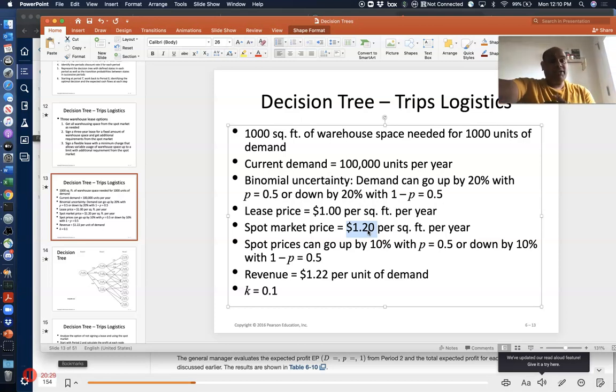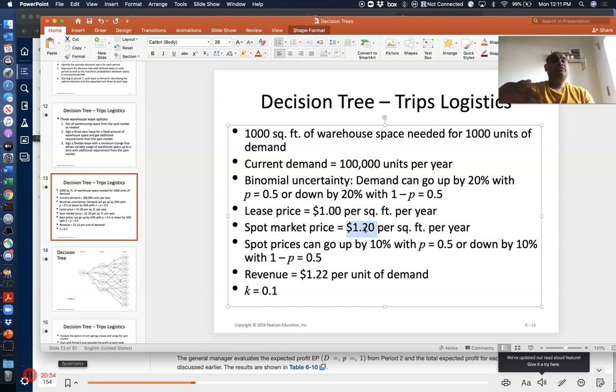Now, we are planning not just for the current year and 1 year in the future, we're also planning for the year after that. So what does that mean? So if spot market price went down, let's say that we started at $1.20, next year it became $1.08, and the year after that, again, it went down by another 10%. So 10% of $1.08, that'll be a reduction of about 11 cents. So the price went down to 97 cents, right?